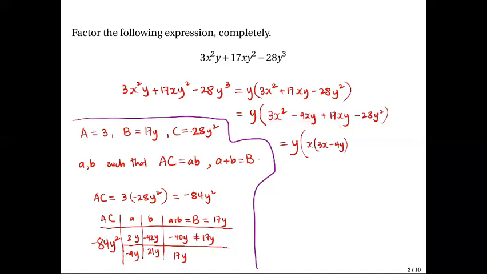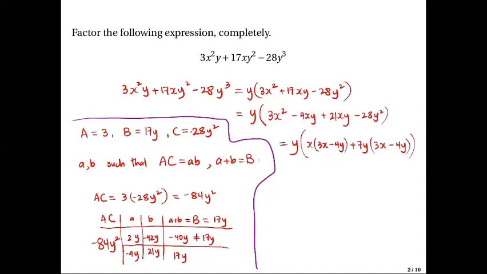what can we factor? Sorry, why is this 17x? It should be 21xy. Okay, 21xy. For this group, we can factor out 7y, so plus 7y, and what will remain inside are 3x and minus 4y.